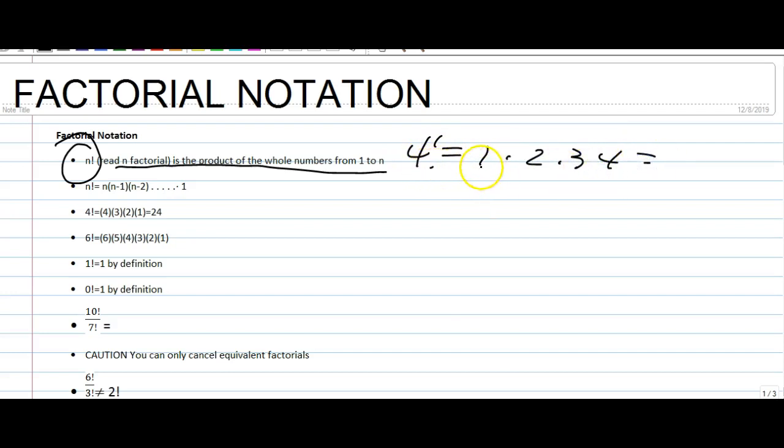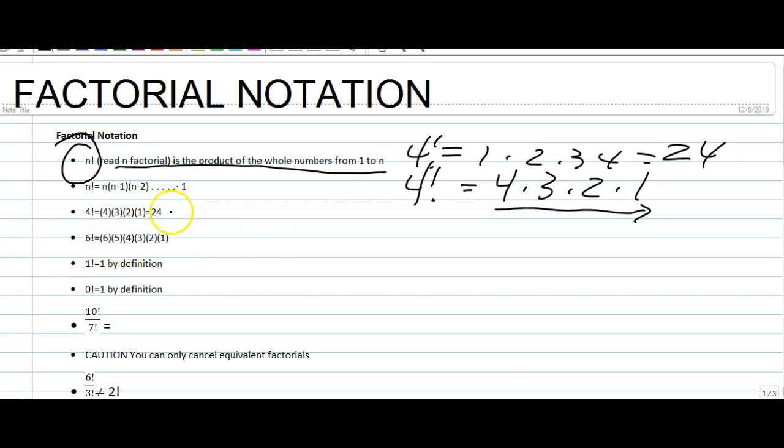So 4 factorial would be equal to 1 times 2 times 3 times 4, which is 1 times 2, which is 2. 2 times 3 is 6. 6 times 4 is 24. And of course, I could write that in reverse as well, because multiplication is commutative. It doesn't matter what order I multiply a series of numbers in, I get the same product. So this is the same as 4 times 3 times 2 times 1. And usually I write it this way. It's still equivalent to the product of the whole numbers from 1 to n.